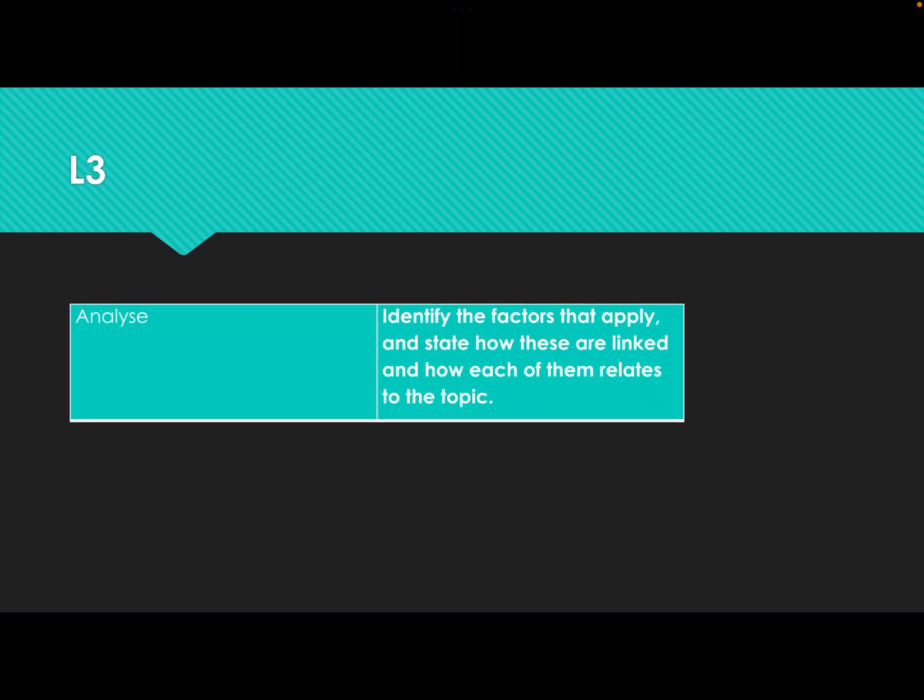Now we scaffold up. Once they have mastered some or all of those command words, which are past command words, we then scaffold up to the Level 3 criteria in terms of the merits. So this is the analysing one. If they've got more than one biscuit, they can analyse the biscuits and compare them.